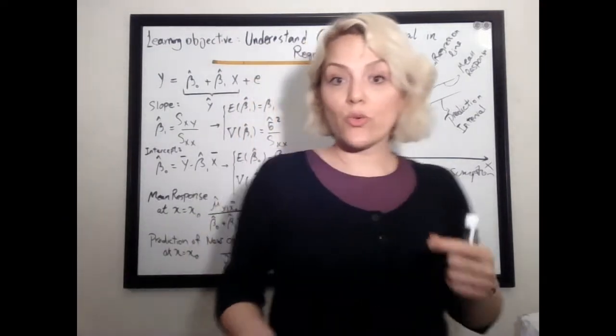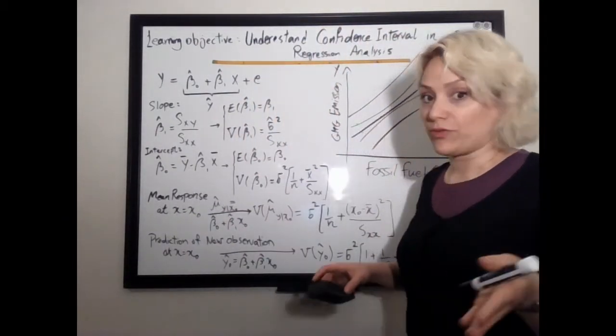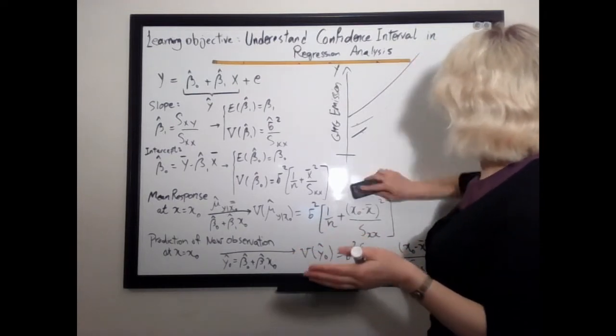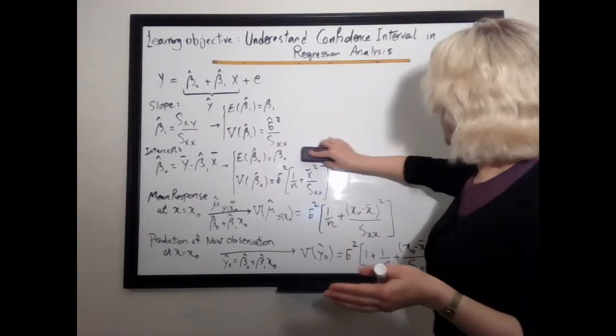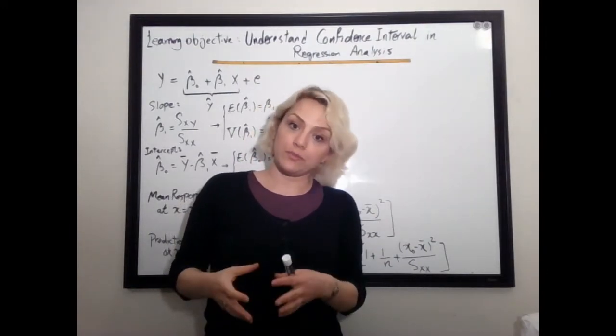So now let's write down the confidence interval for this regression model or regression line that we have. Okay. We have this general rule, and we talked about that before as well.